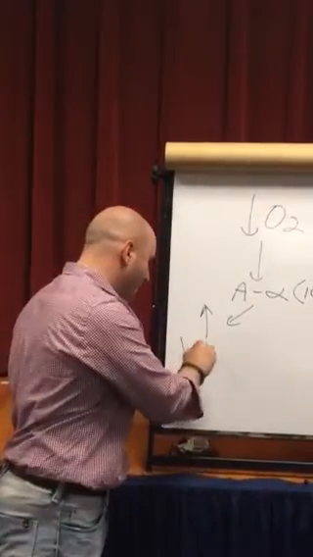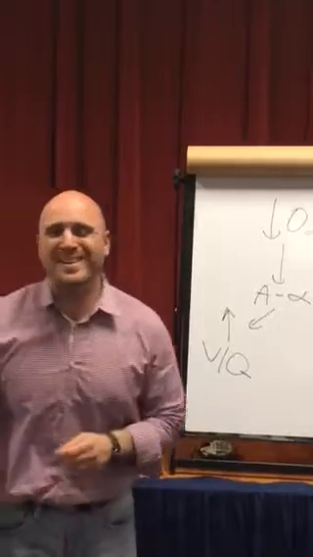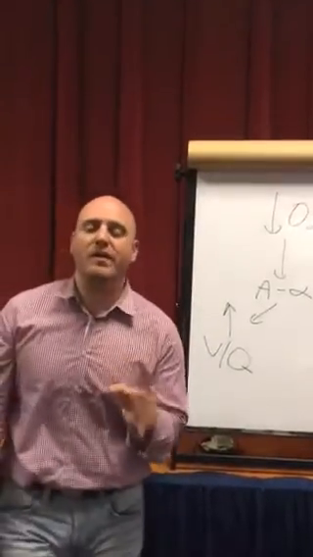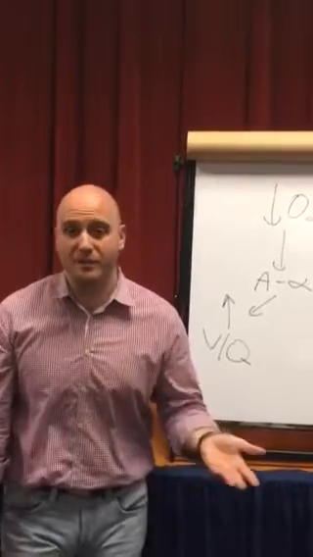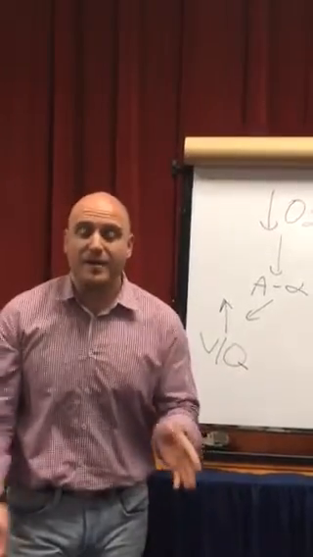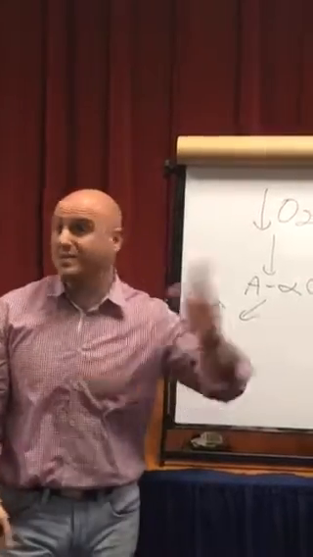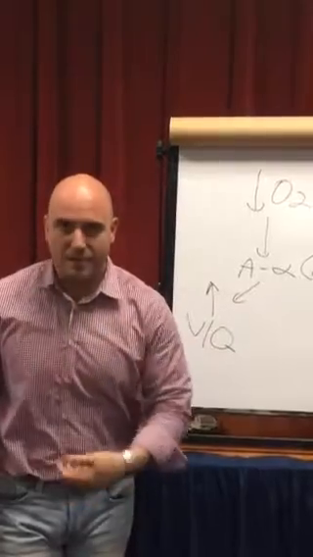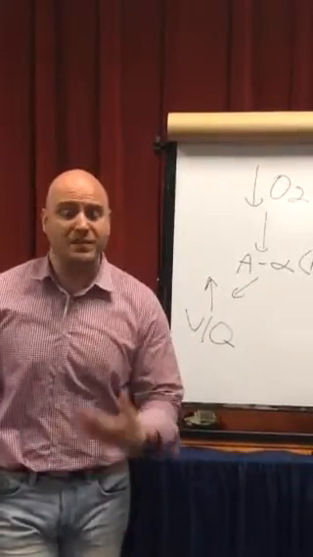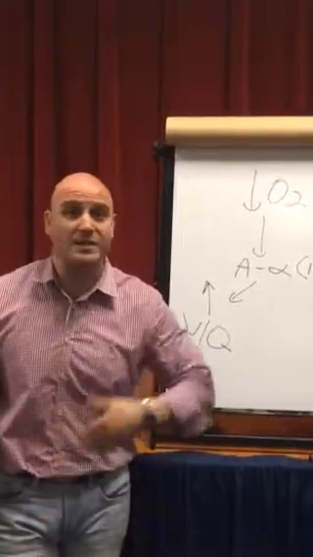Remember that from physiology? The ventilation to perfusion mismatch. The lung is a very smart organ. It does not want to perfuse a part of itself which is not ventilating well. Why? Because it wants to optimize gas exchange. It wants to dump carbon dioxide and pull in oxygen. It doesn't want to ventilate itself where it's not perfused, and it does not want to perfuse itself where it's not ventilated.